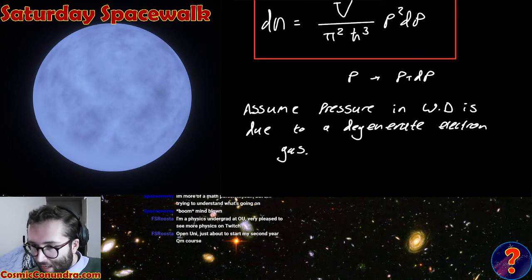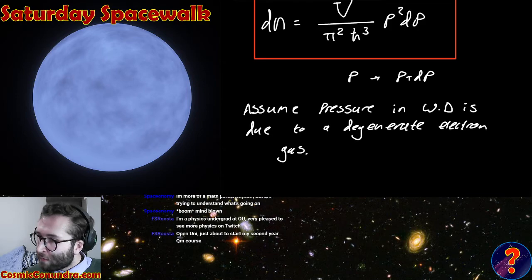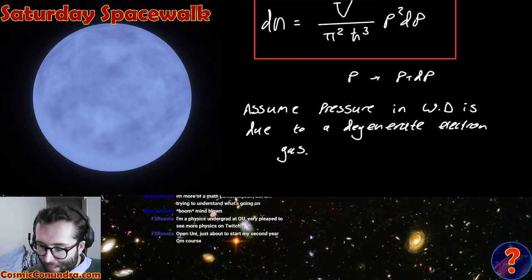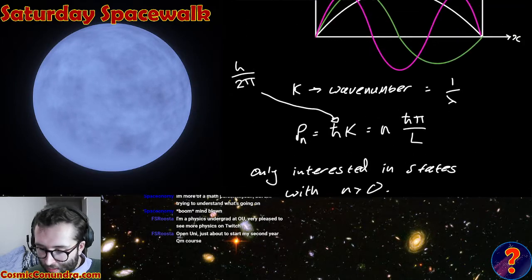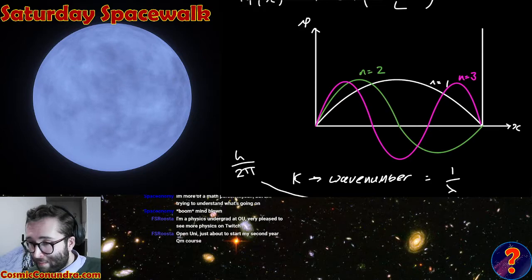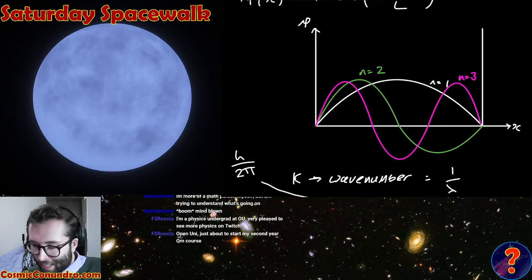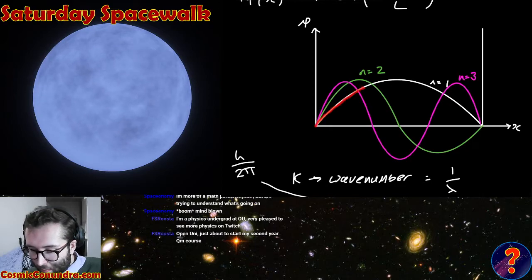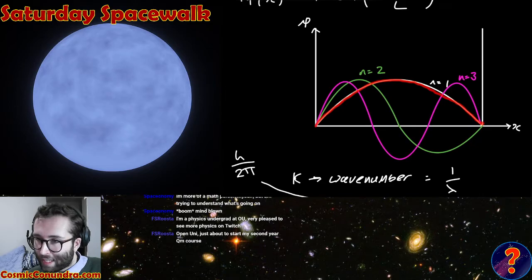What do I mean by a degenerate gas? Well, we've described these different states that we're allowed to cram into our box. Remember, we sketched these particles here. If you have very many particles, what I'm saying is that you can't put more than one particle into this particular state that I've highlighted here.